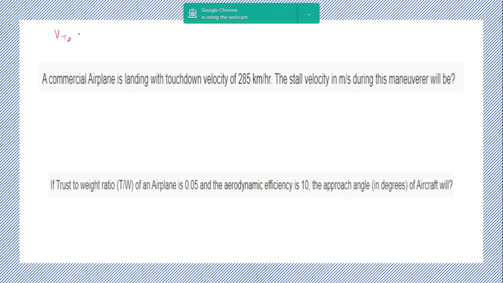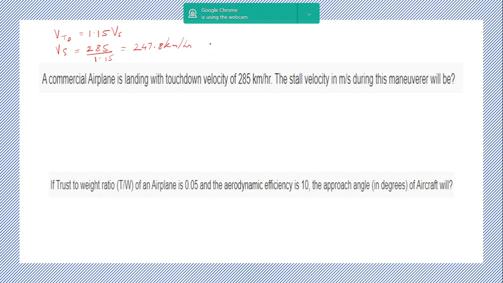The touchdown velocity is 1.1 times the stall velocity. I think in the solution manual they've taken 1.15. So that's 1.15 times V stall. They've asked you what the stalling velocity is. So V stall is V touchdown divided by 1.15, which is 285 by 1.15, and this value is 247.8 kilometers per hour.